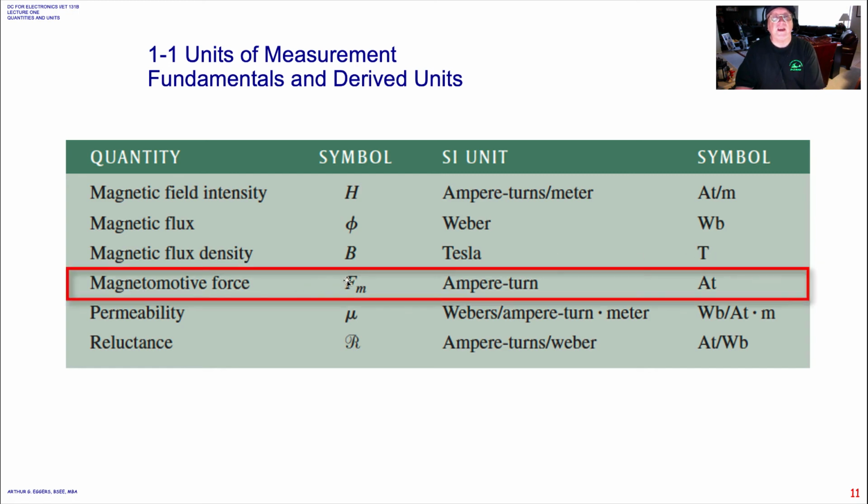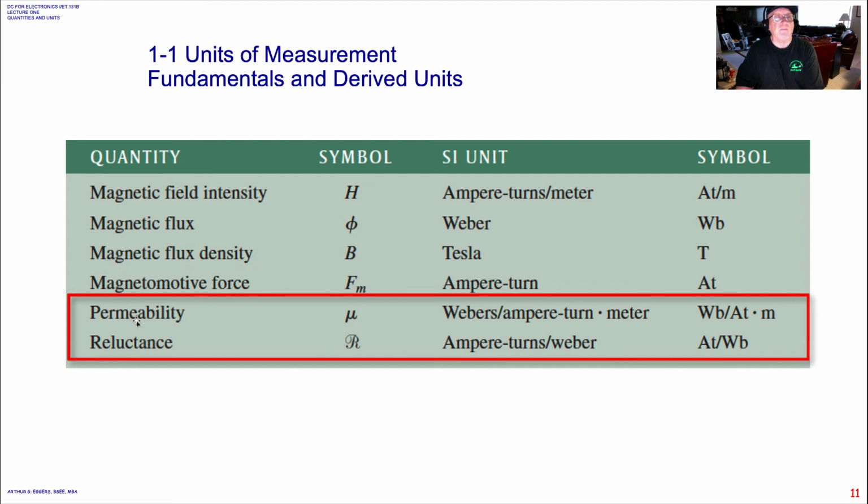Magnetomotive force, F sub m, get used to using that relationship, value sub some unit of measure. F sub m is an ampere turn. So this is basically what we saw in the numerator up here for magnetic field intensity. A little more complex one, the permeability, we use the Greek letter mu, which is Webers per ampere turn per meter.